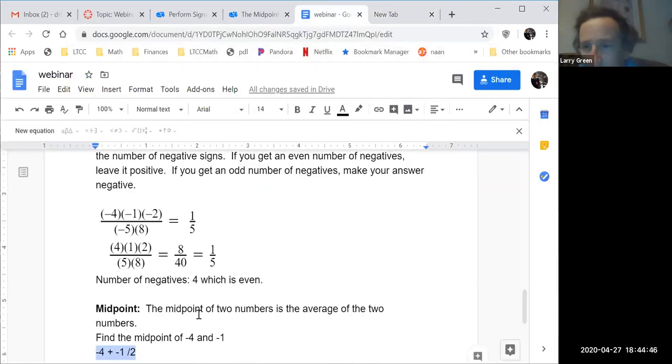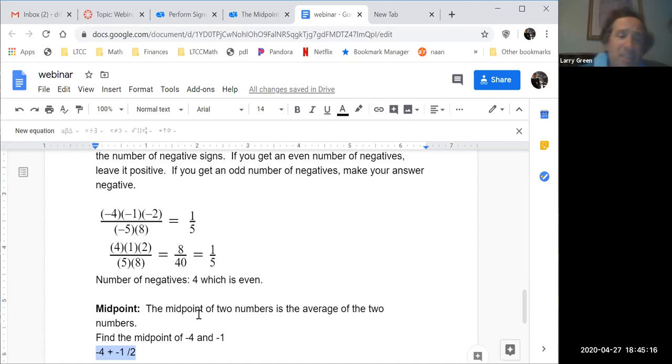So what did I do wrong? Anyone know? Hopefully you know the midpoint of -4 and -1 can't be -4.5. That's not between them at all. But what's the problem here? Any thoughts? Yeah, no parentheses.